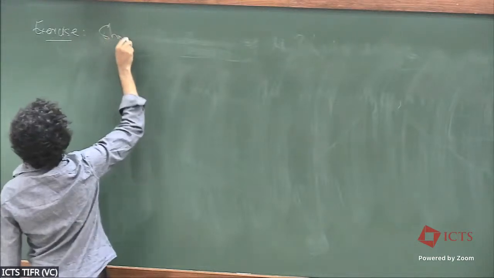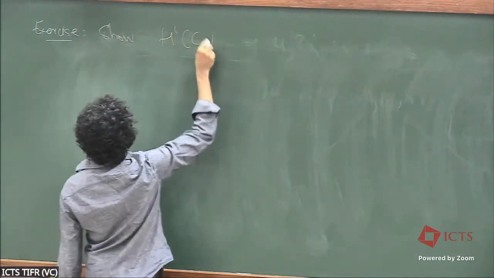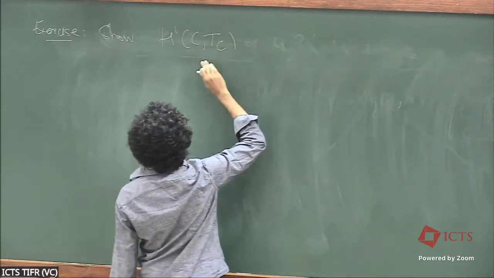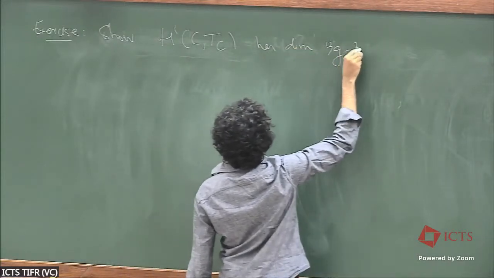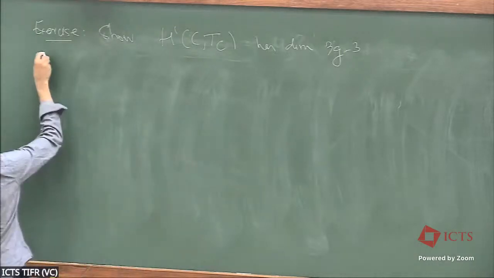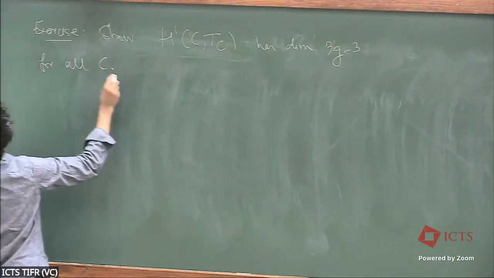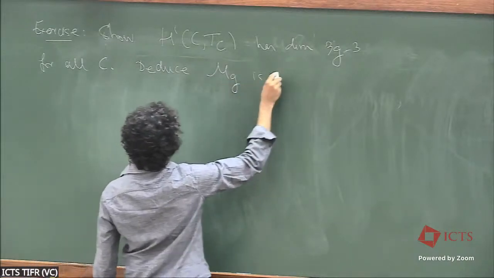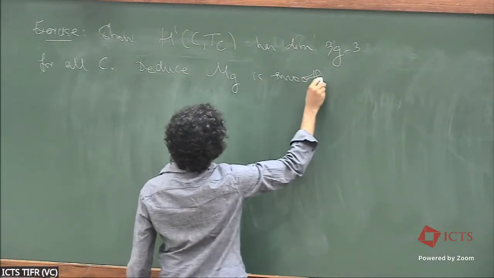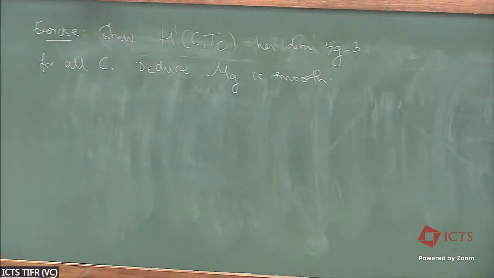So I show H1 of C, T_C has dimension 3g minus 3 for all C. And then you can deduce from this that M_g is smooth. Okay.